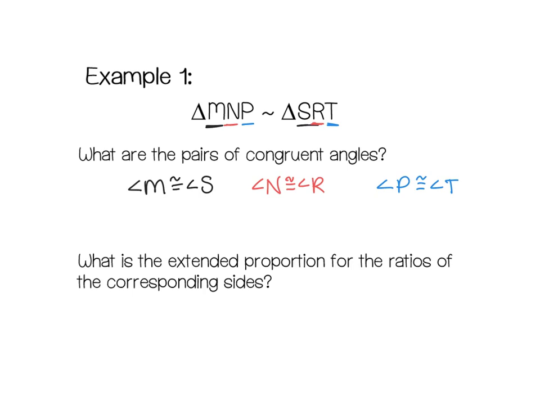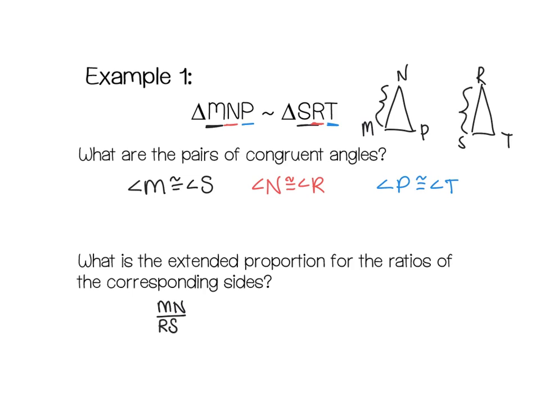Then it says, what is the extended proportion for the ratios of the corresponding sides? And it might help you if you have a picture. So the first triangle was MNP, and the second triangle was SRT. And so this is asking if we were going to set up our proportions, what would they look like? And so we have side MN, which would correspond with RS. So I would put those two sides in a proportion.